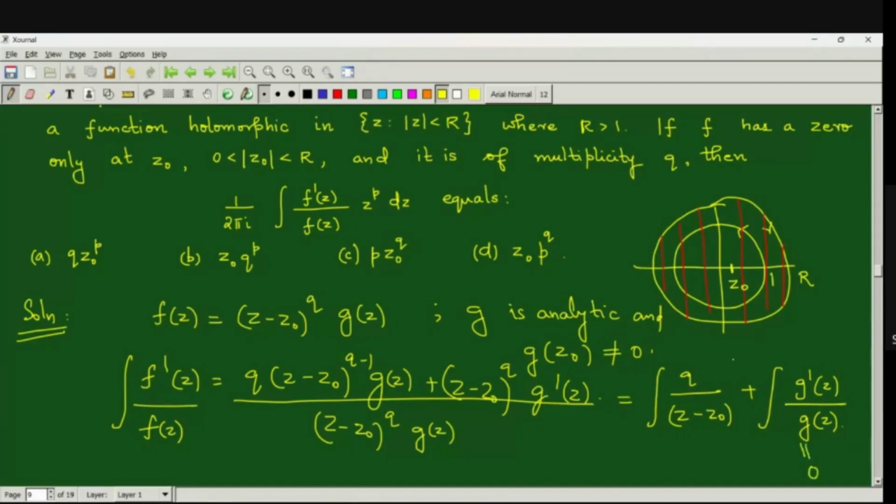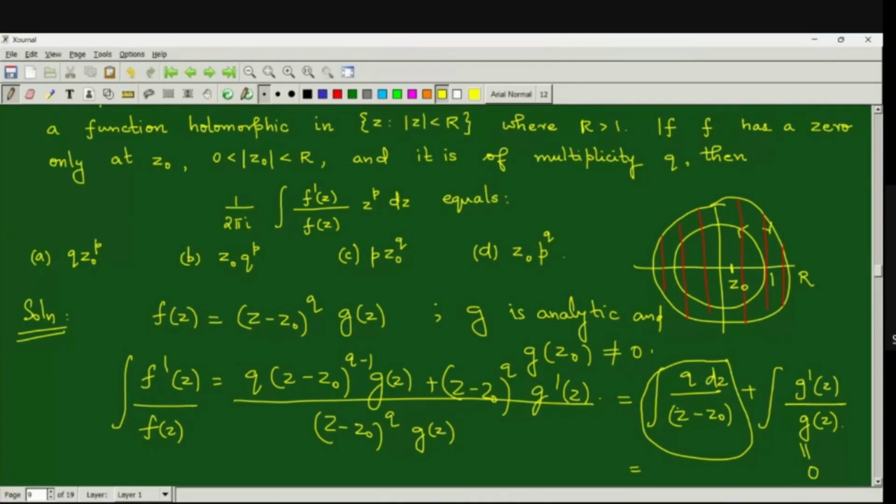Now we have only the first thing to think about. What can be used? Which theorem comes to your mind? Cauchy integral. Yes.